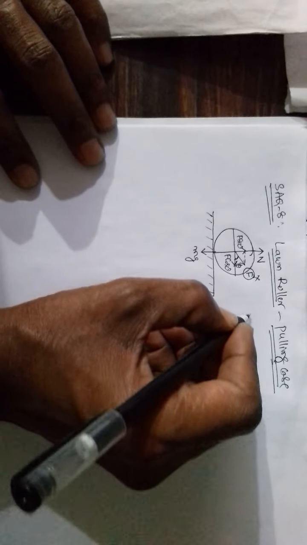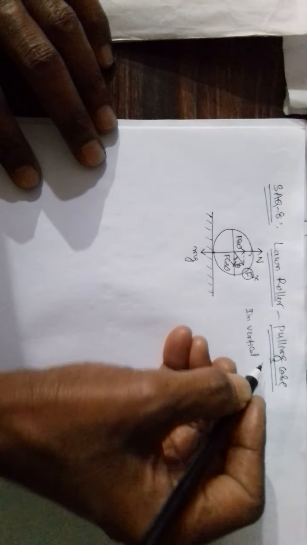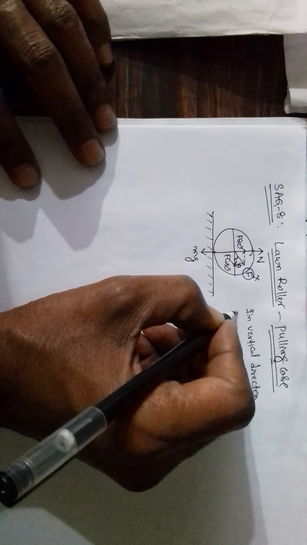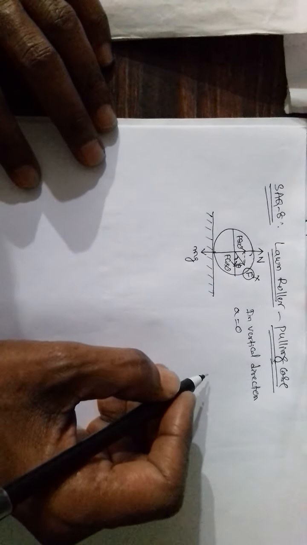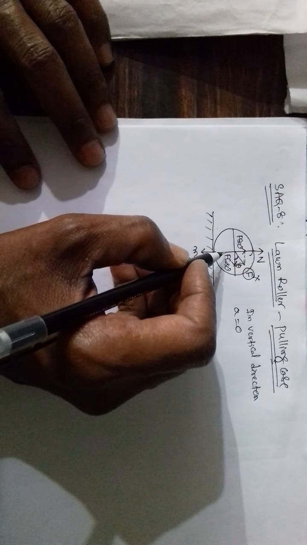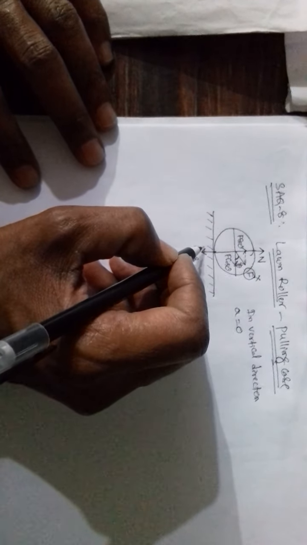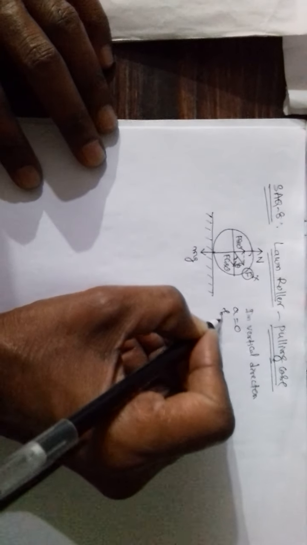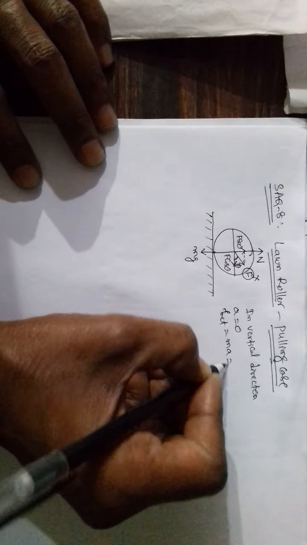Now, in vertical direction, a is equal to 0. It means the lawn roller is neither flying up nor sinking down. Sum of upward forces is equal to sum of downward forces. Here a is equal to 0 means net force is 0.